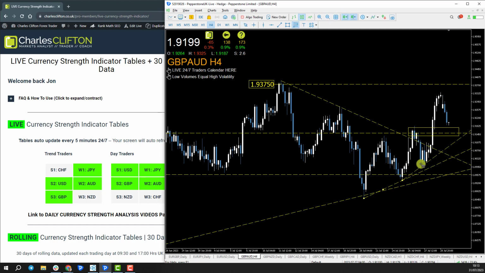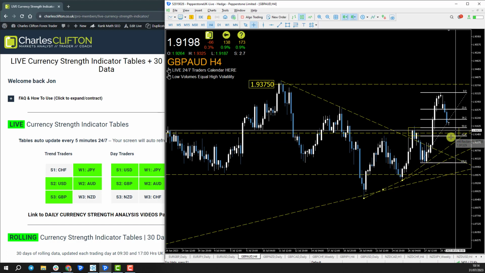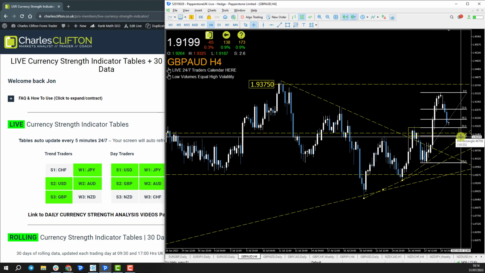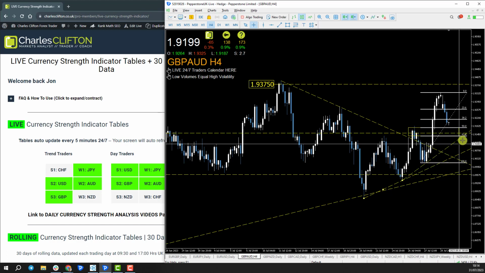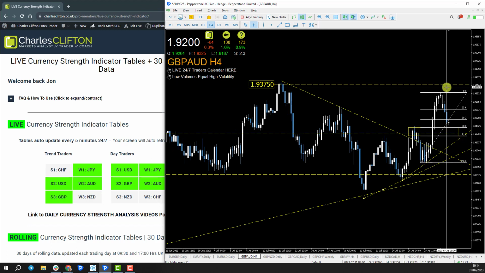What I did was I just attached a fib from the swing low to the swing high, and you can see I've got a box marked out between the 50% and the 61.8% retracement on the Fibonacci, and I'm just looking to see maybe if we come into this little bit of a pocket of area, because we've got the horizontal support at 91.50. We've got the 61.8 support sitting below. We've also got trendline support as well coming through this area. So I actually wouldn't mind seeing price come a little bit lower before maybe looking for an opportunity.